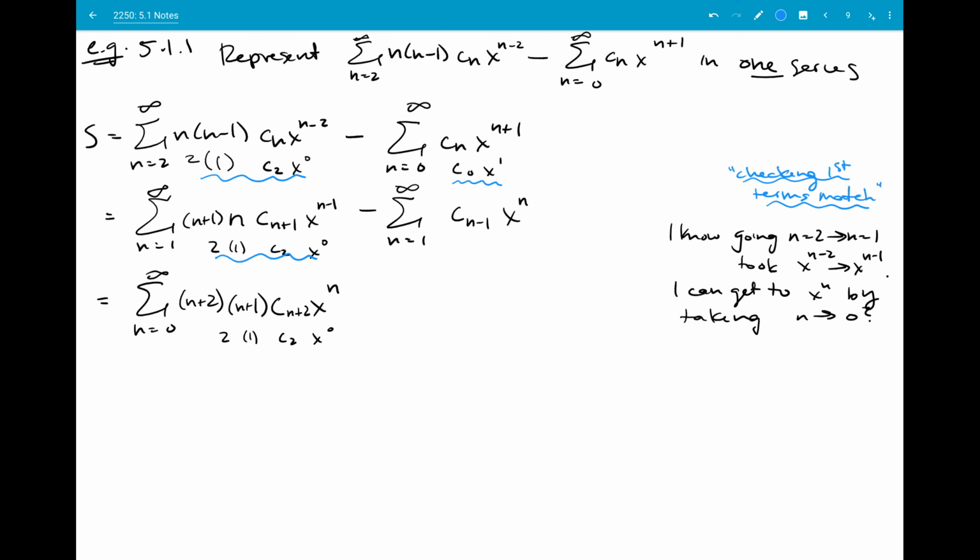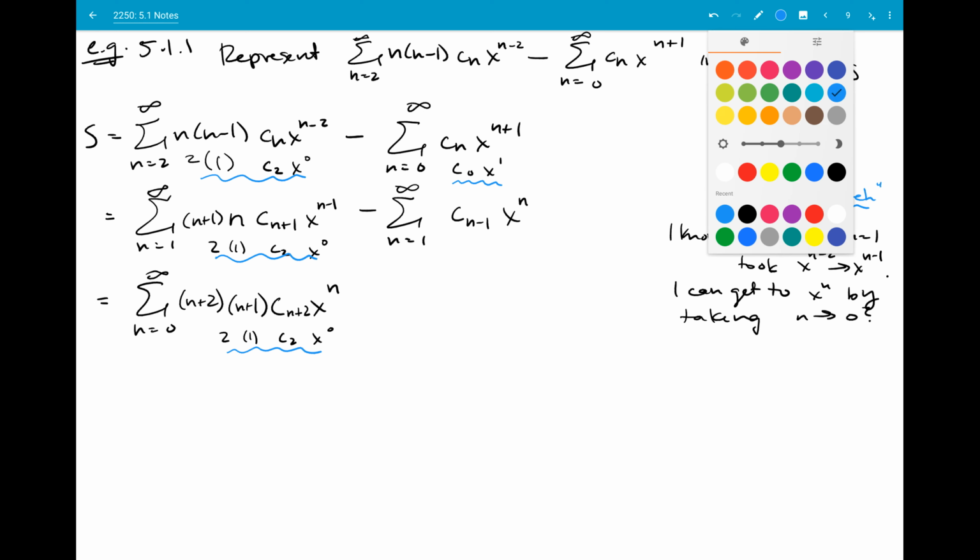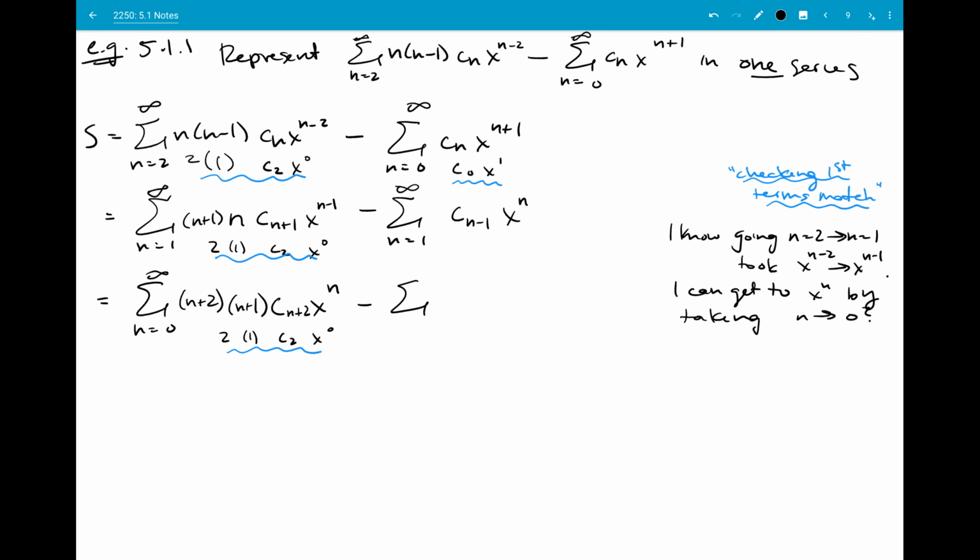So again, I changed the indices, so I made sure that the first term lined up. I didn't change the second thing at all. But now my lower bounds don't match again, and that's a problem for me.